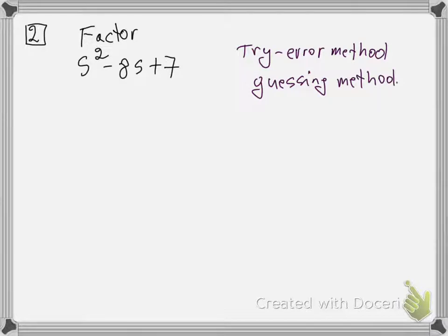In this method, we pay attention to the coefficients of our quadratic expression. We know that the first term is going to be the product of the first terms of the binomials. So we're looking at writing this as a product of two binomials.